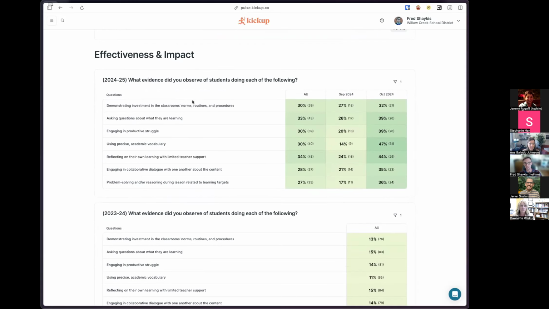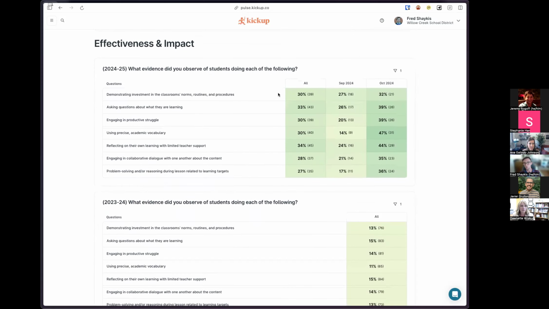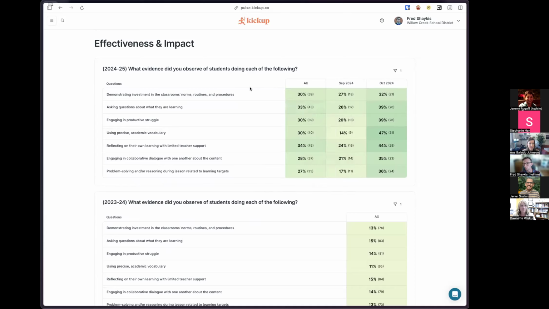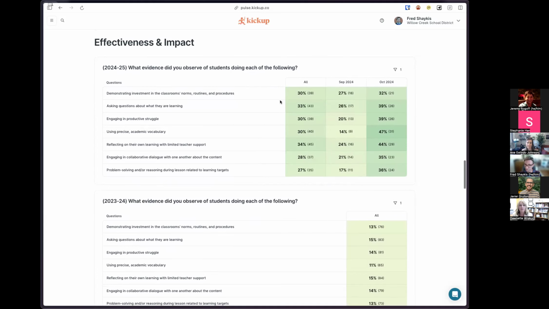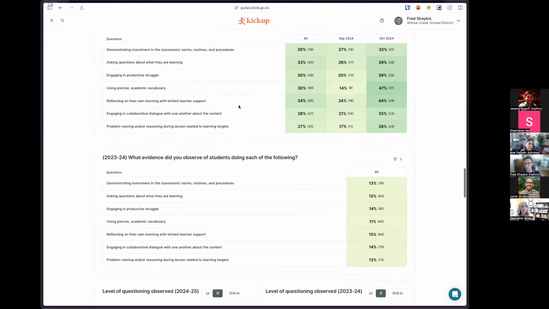They could see, using the same indicators they were using the previous year, that there's still room for growth, but there were notable improvements in these student engagement indicators, with anywhere from 27 to 35% seeing substantial evidence in the classrooms that they were visiting.